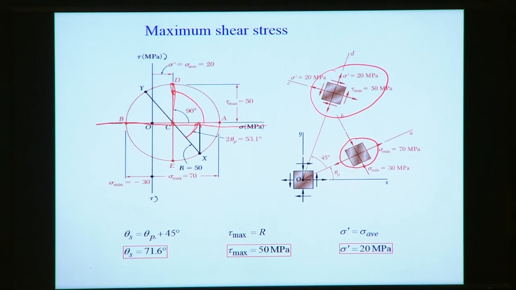So we can easily find that theta is simply theta p plus 45 degrees. So tau max is equal to R, here 50 megapascal, and the normal stress at this point, sigma, is equal to the average value, 20 megapascal.